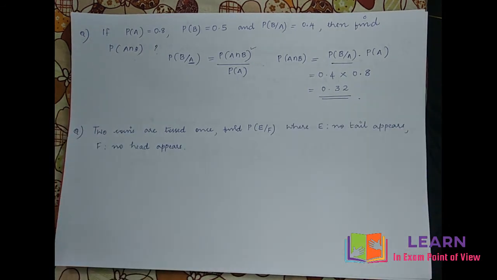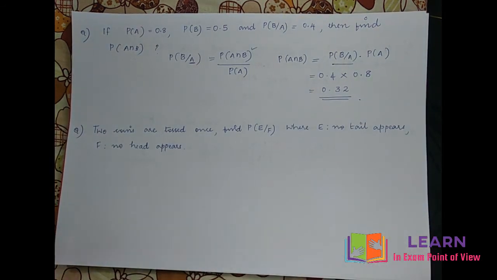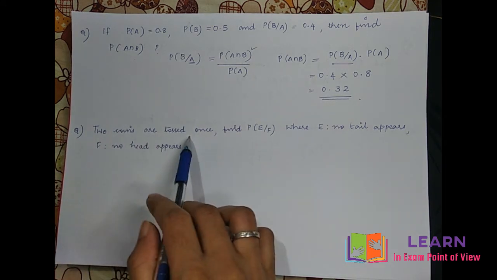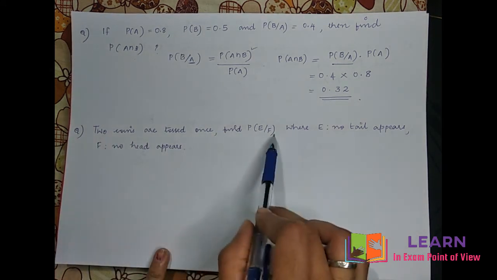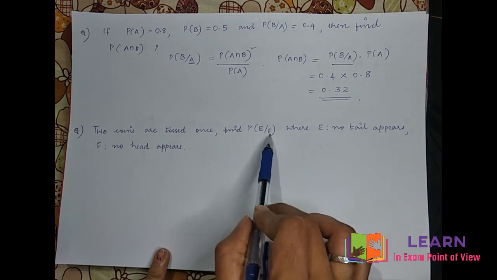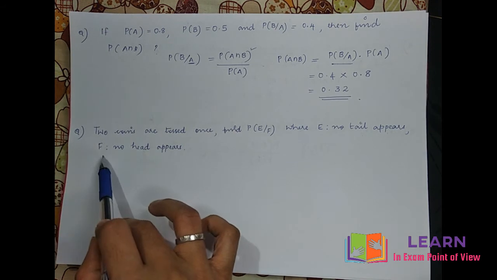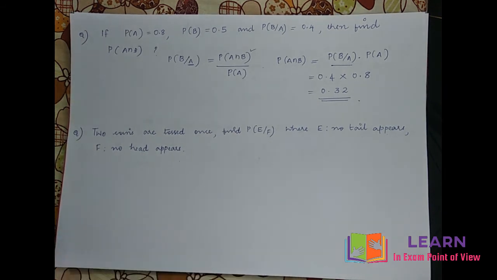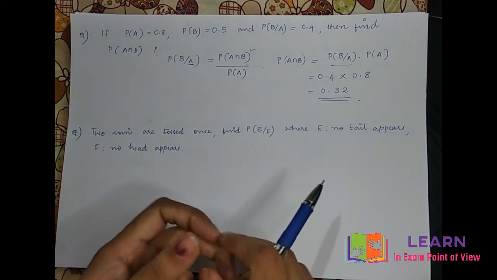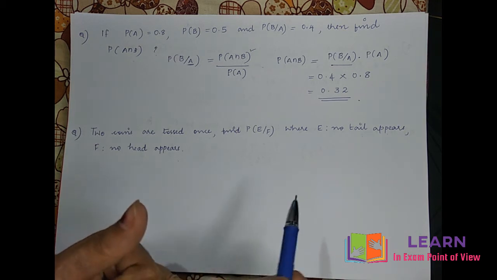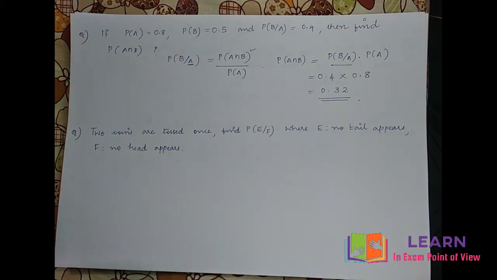Okay, easy. Then the next type can be asked like this: two coins are tossed once. We have to find E given F, where E is no tail appears, and F is no head appears. In that case you have to write the sample space. Sample space means the possible outcomes of an event.